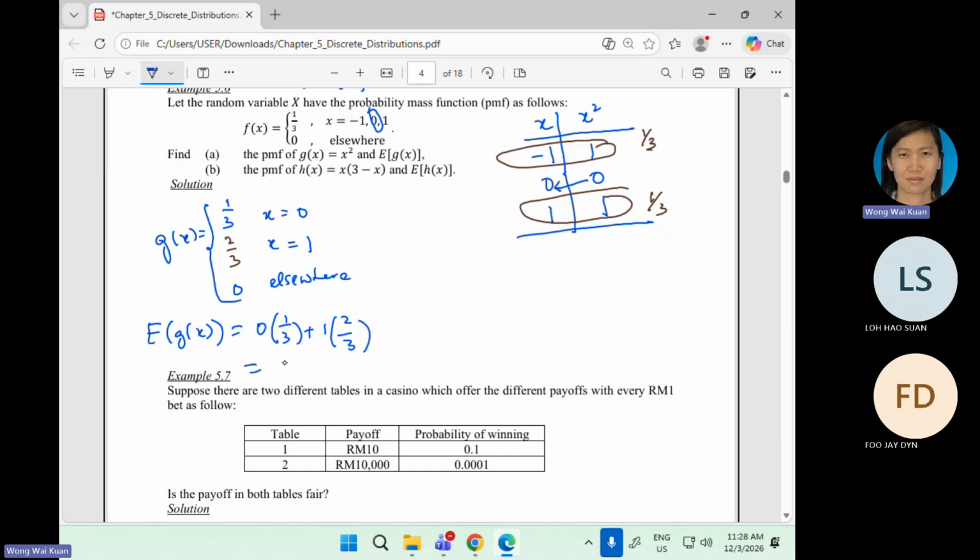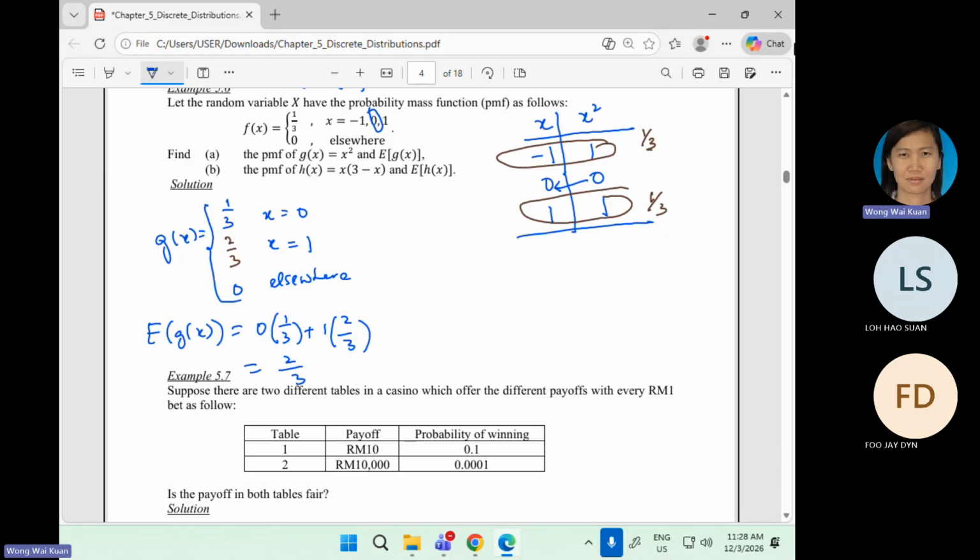So then this is 2/3. You look at it carefully, this is the same as the head just now, right? The probability of getting a head is 1/2.